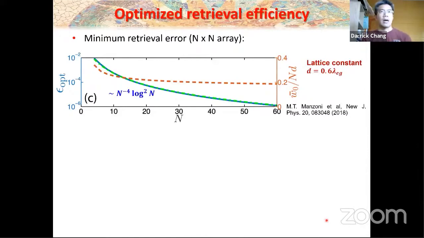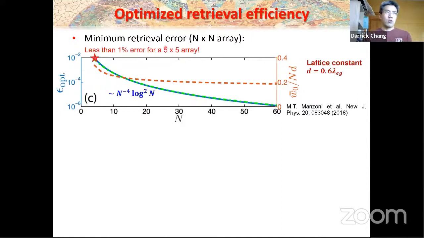So aside from the abstract scaling, we can also just plot quantitatively what that error is. So that's what I've done here. On the vertical axis, I'm plotting the optimized error as a function of the linear size of the array. So that's this blue curve here.